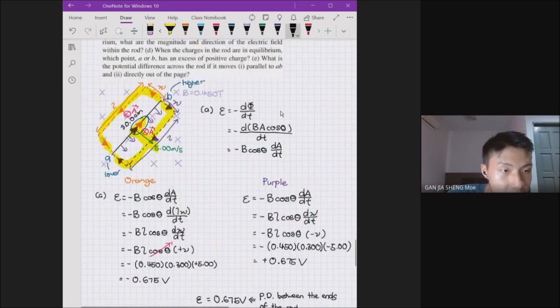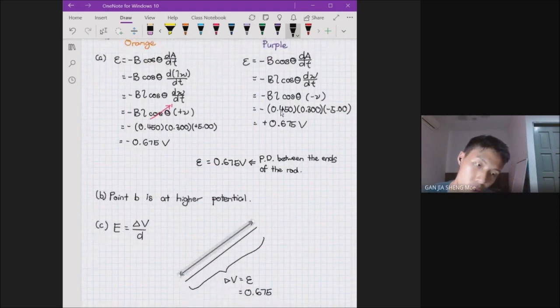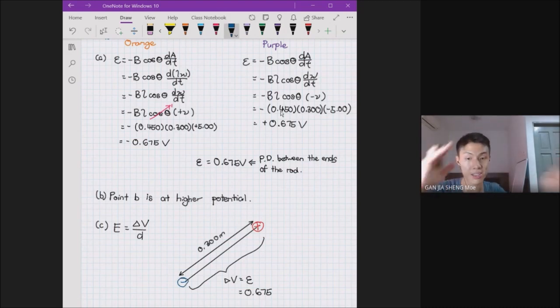How long is the wire again? 30 cm, so 0.300 meter. This part is the positive end, this part is the negative end. You can think of it like a parallel plate. This one is a positive plate, this one is a negative plate. The distance between them is 0.300 meter, and the potential difference between them is 0.675 volt.